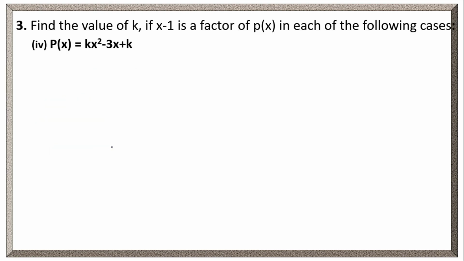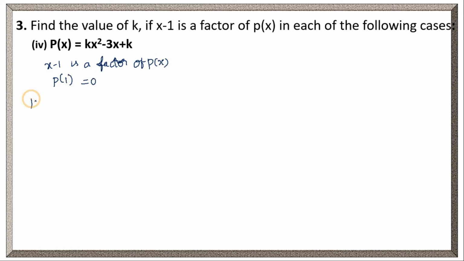Find the value of k if x minus 1 is a factor of p of x. Right? Here in this fourth case, p of x equal to kx square minus 3x plus k. Right? Now, by factor theorem, we know if x minus 1 is a factor of p of x, then p of 1 equal to 0.